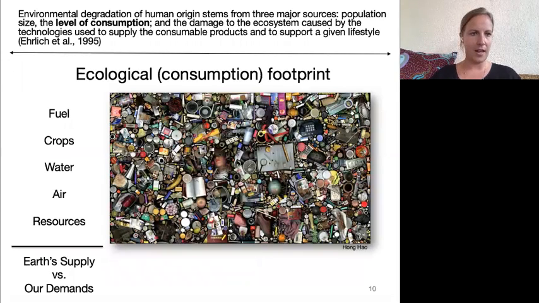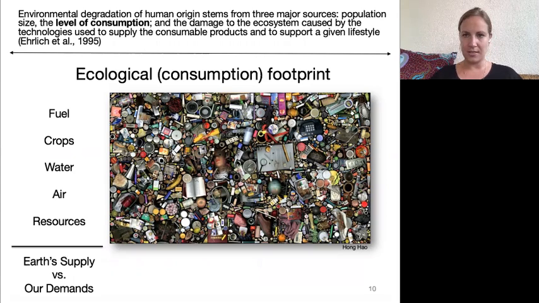Affluence, or the level of consumption, represents the average consumption of each person in the population, and as the consumption of each person increases, the total environmental impact increases as well.